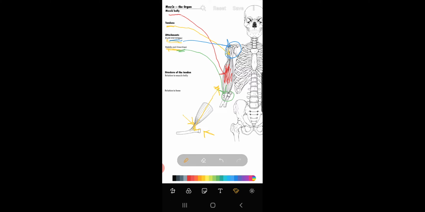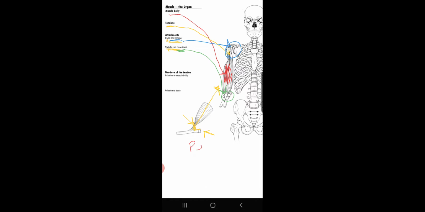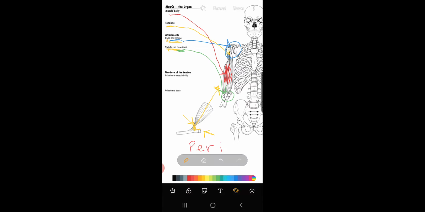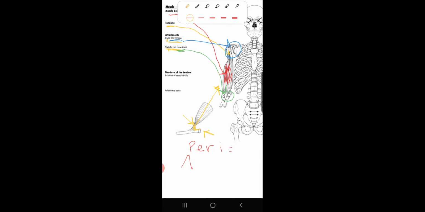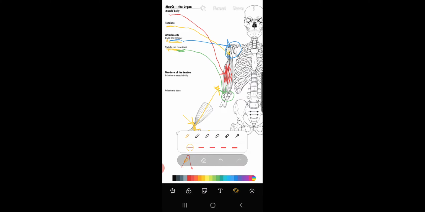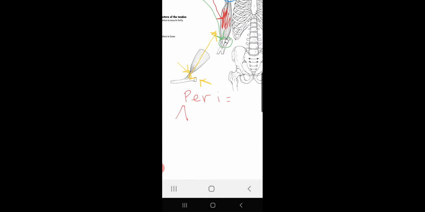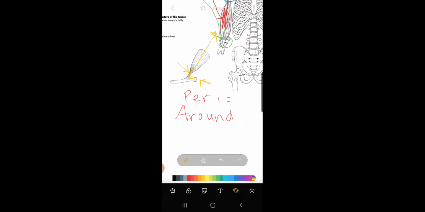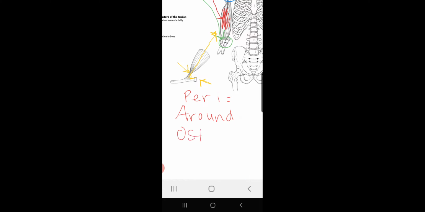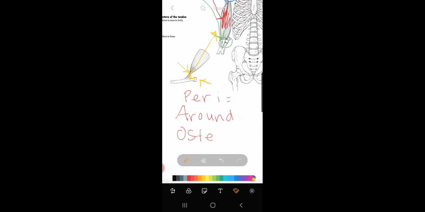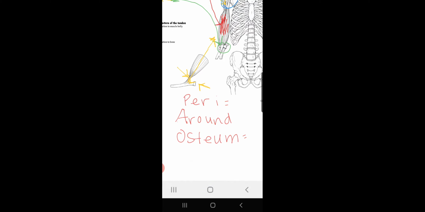And let's see here. Once it hits the bone, it's actually going to weave into the periosteum. So I want you to remember this word. Peri means around. Oh man, it's not letting me draw. Okay, around. And then ostium. Remember how I told you to remember those things? Ostium equals bone.